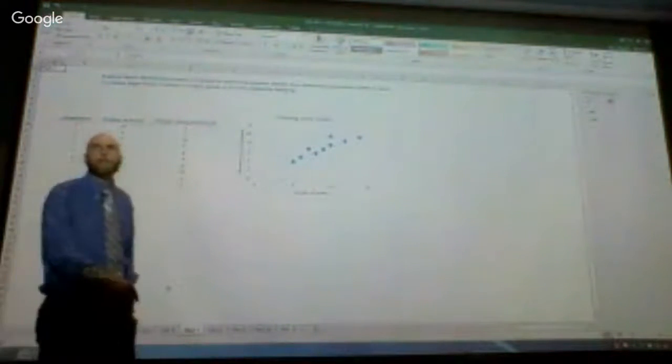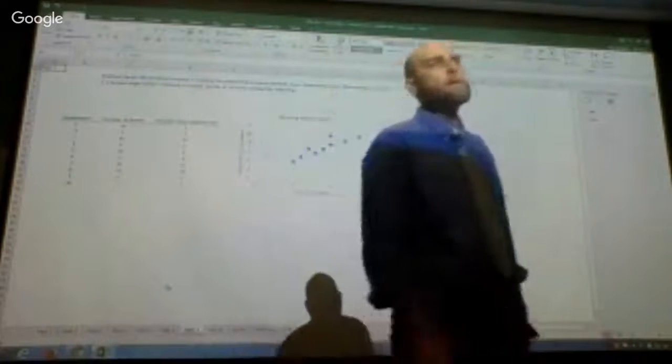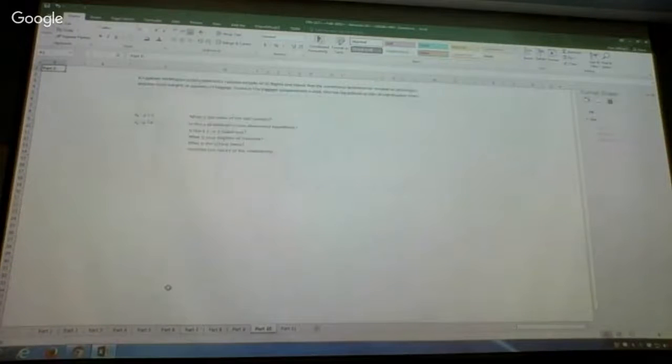We've got 40 minutes to go, and it looks like 1, 2, 3 more of these regression problems, and then 2 hypothesis tests for correlations, if I remember correctly.